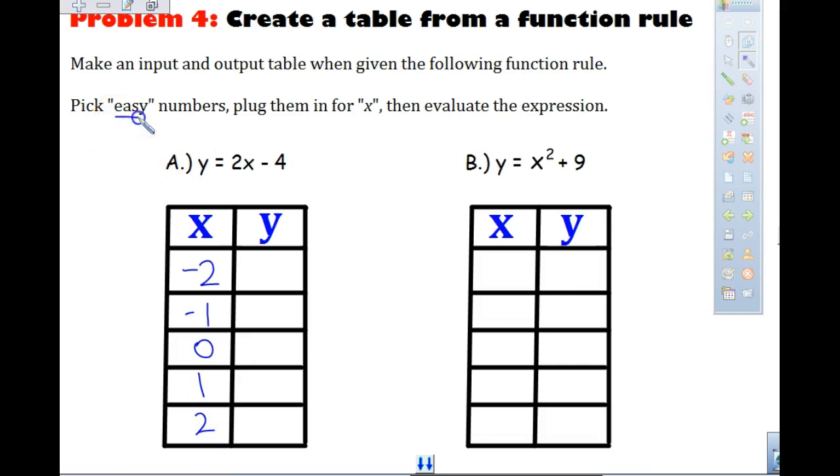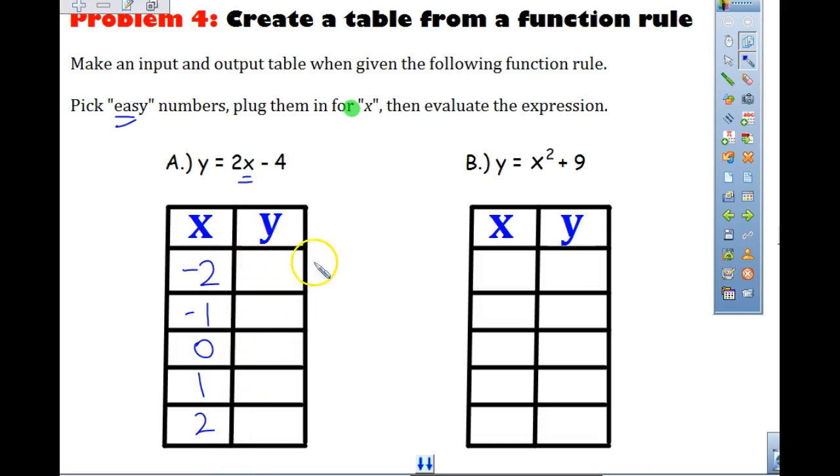Why are we picking those numbers? Because they're easy numbers to plug into this equation and replace my x value. If I replace the x in this equation with any of these numbers, it's pretty easy to solve.